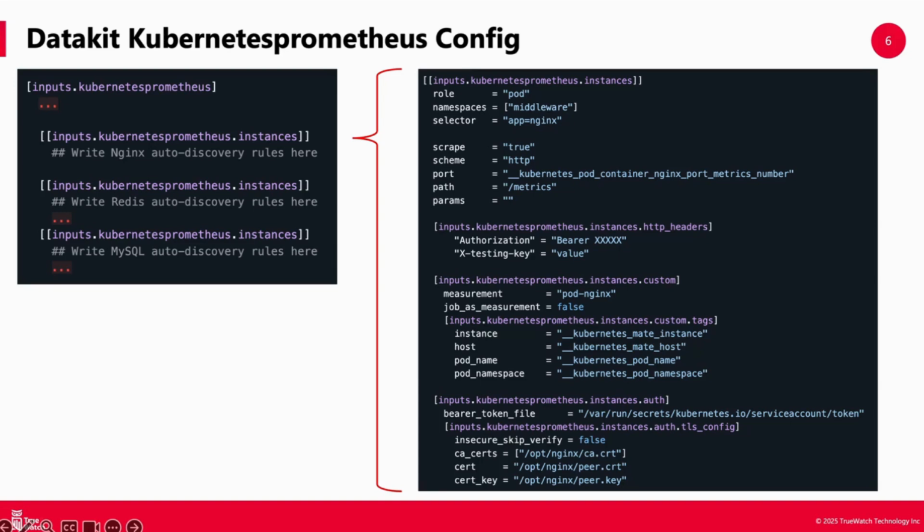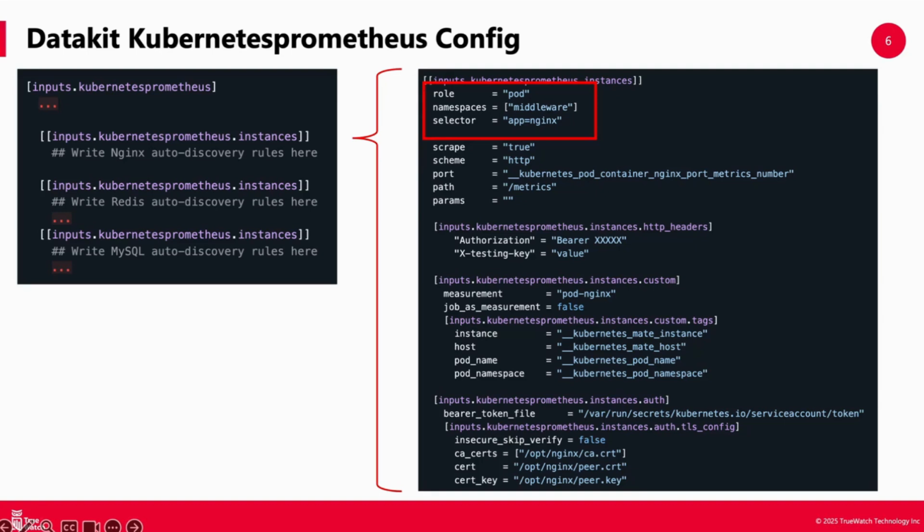The public configuration part is responsible for providing the basic information required for auto discovery for the currently configured collection instance, such as the type of workload, the Kubernetes workload to be collected, the namespace or the label selector combination where the collection target is located, and the acquisition path of the Prometheus metrics.